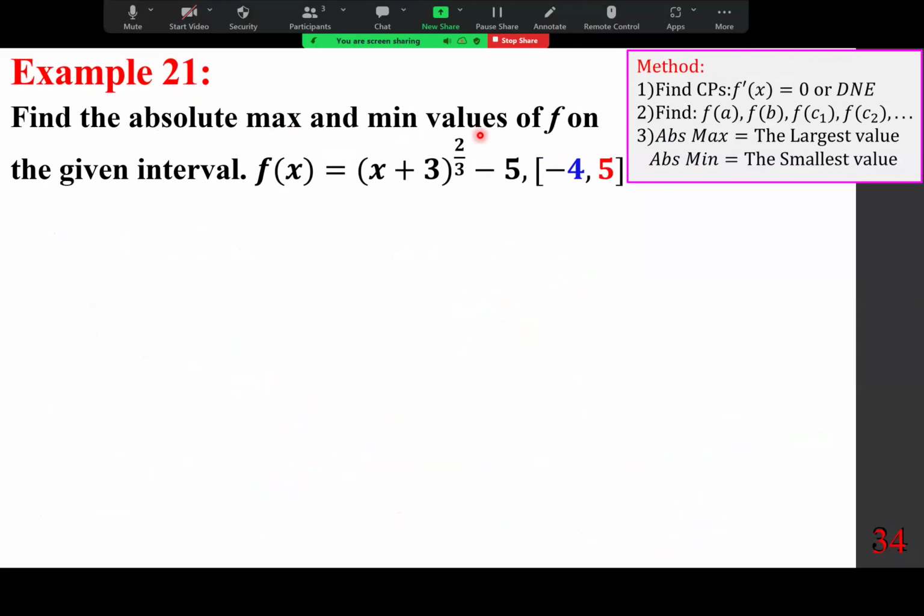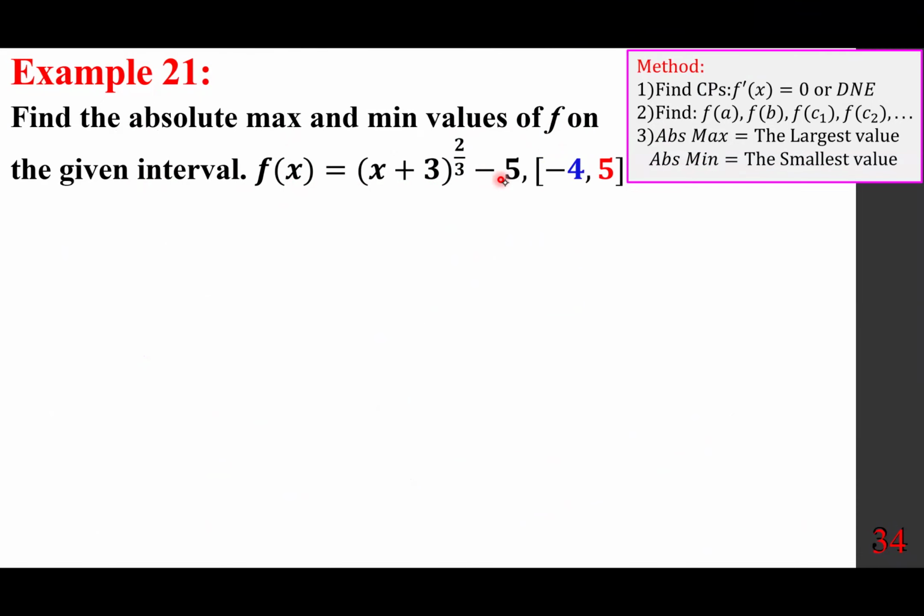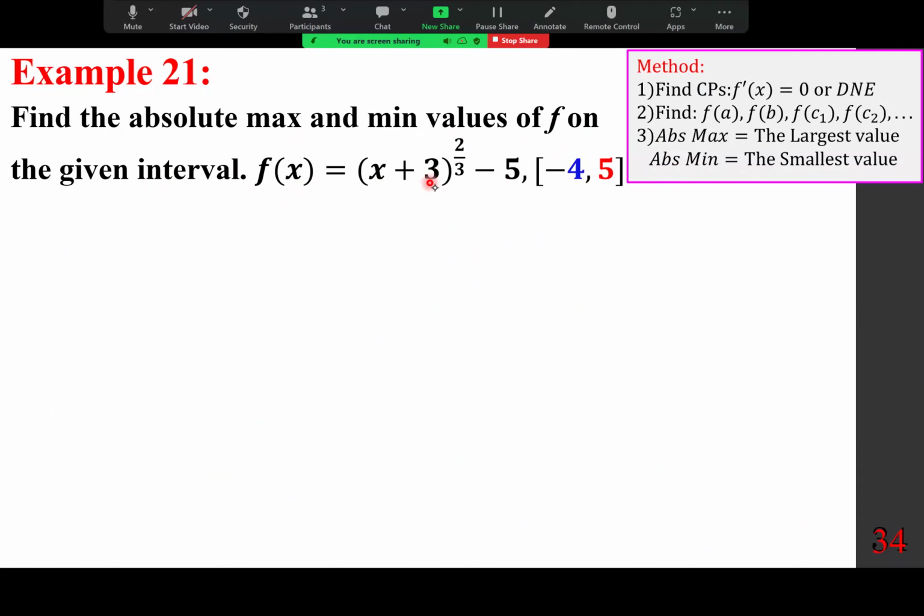Find the absolute max and min values of f on the given interval where f of x is x plus 3 to the power of 2/3 minus 5. So what type of function do we have here?